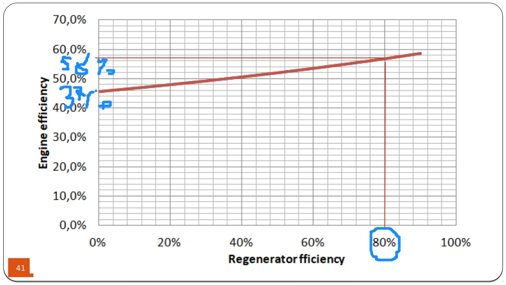And in between 0% effectiveness of the regenerator and 80% effectiveness of the regenerator, you can see that there is a substantial change in the efficiency of the system from 37% to 58%. So we gain almost 20% of efficiency by utilizing the waste heat.